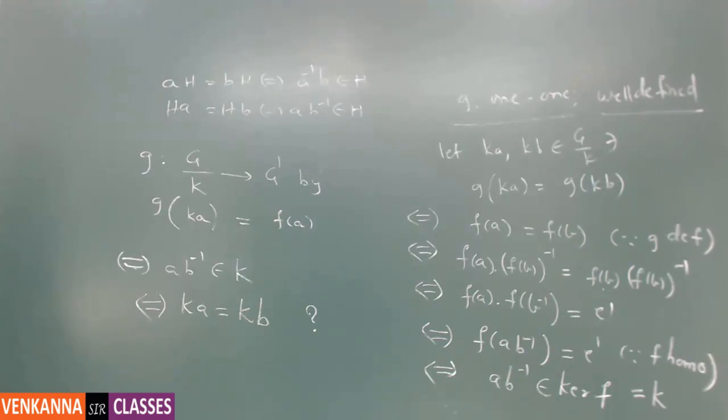Is it clear to all how I have proved that it is a 1, 1 function? Please take a note of that. If you have any questions or doubts at any step, please ask.